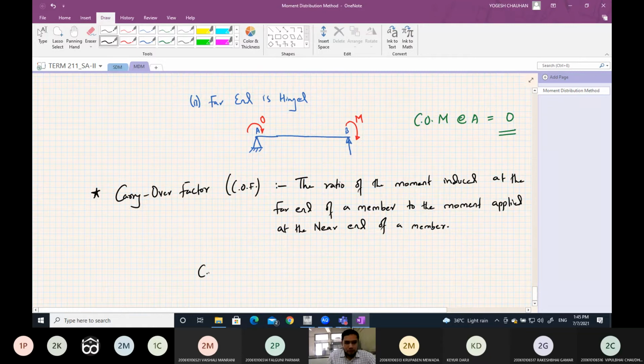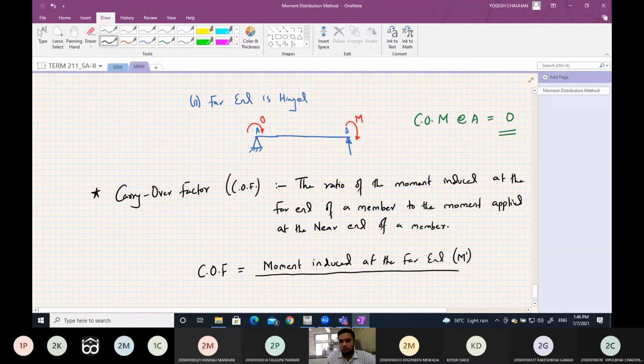That means the carryover factor is the moment induced at the far end to the moment applied at the near end. So that is M dash by M.